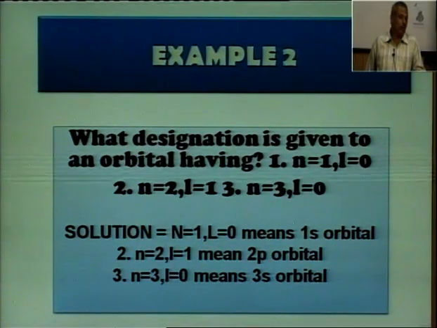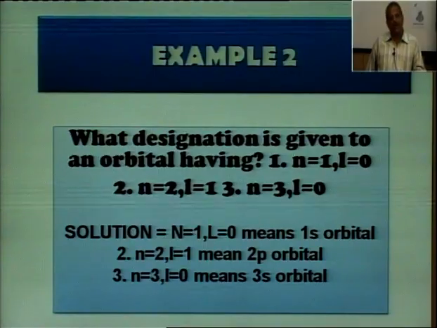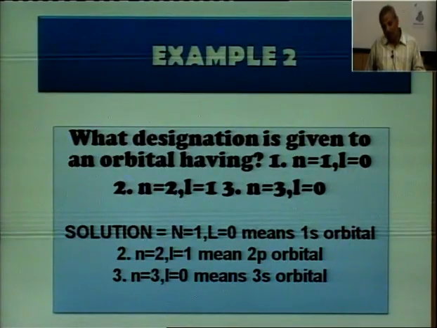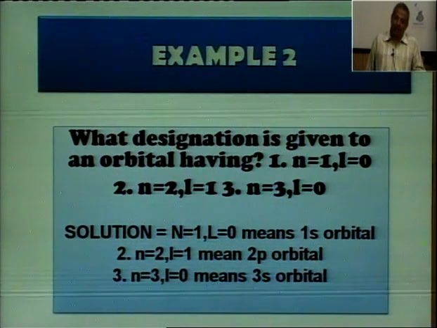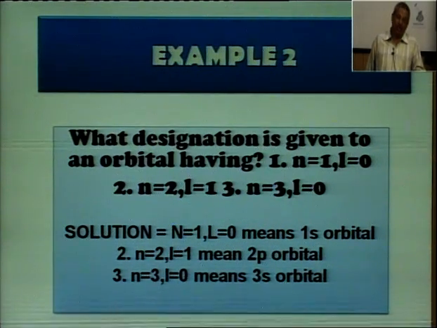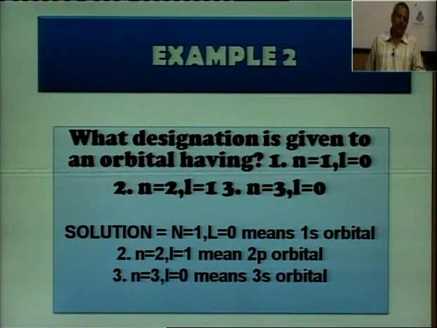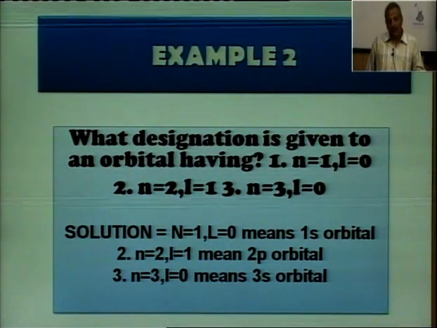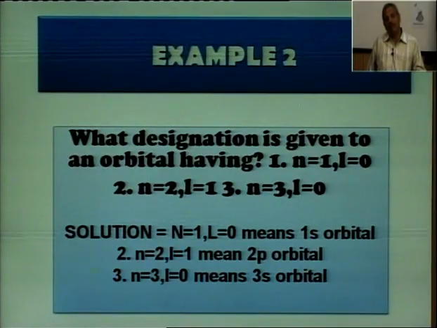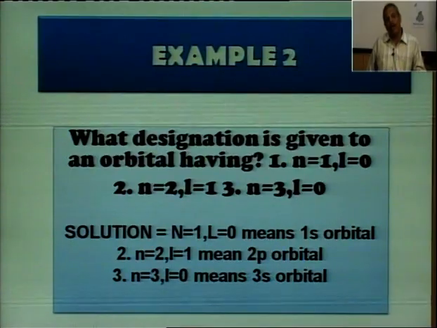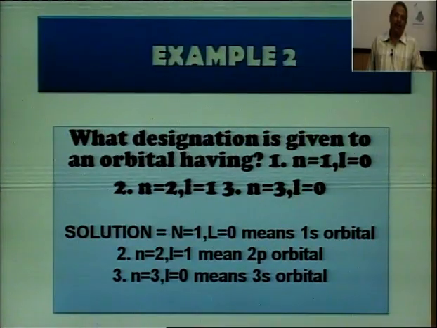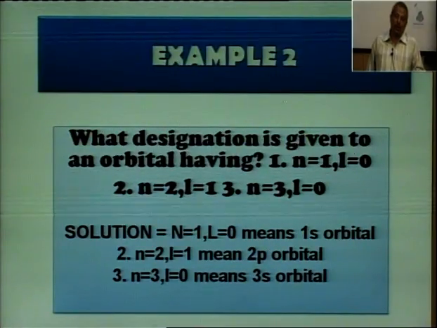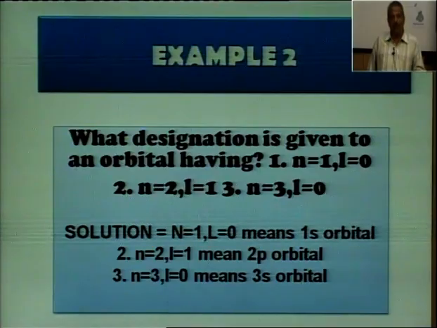And if it is written that n is equal to 2 and L is equal to 2, that is not a permissible set of quantum numbers, because L cannot be 2 or 3 or more than that, since L only has values from 0 to n minus 1.